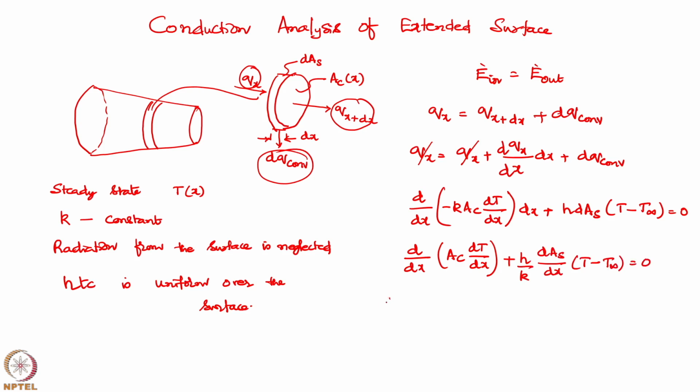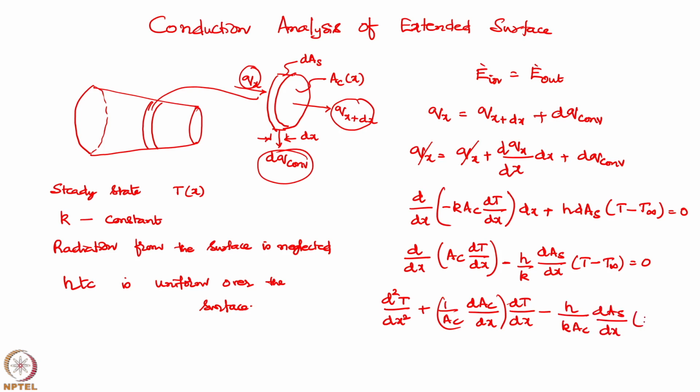Now if I expand this, I get d squared T by dx squared, dividing by Ac also, plus 1 by Ac into dAc by dx into dT by dx, plus, actually this is minus, so this is minus h by k Ac into dAs by dx into T minus T infinity equals 0.